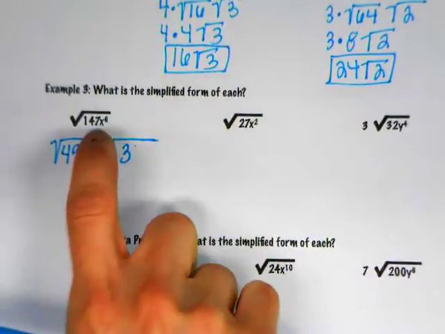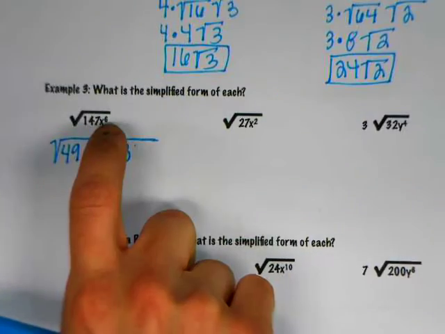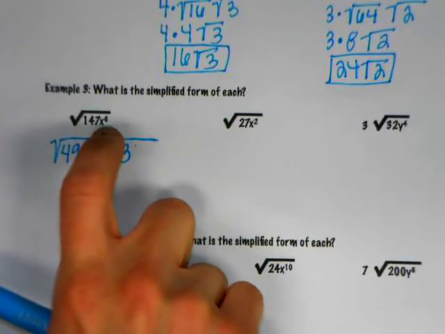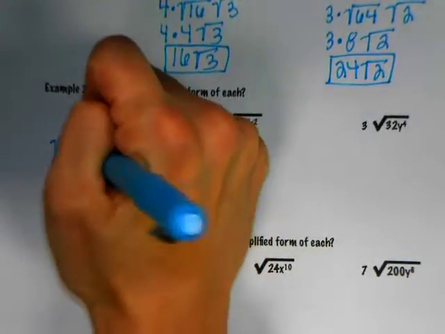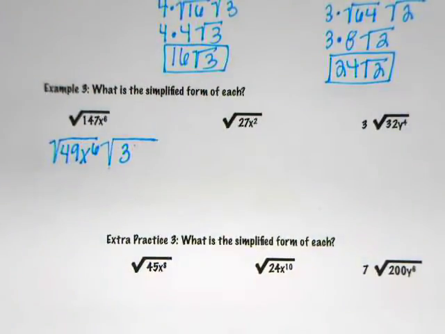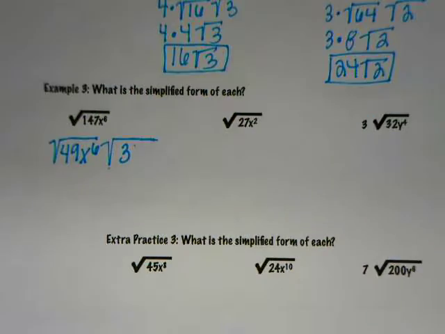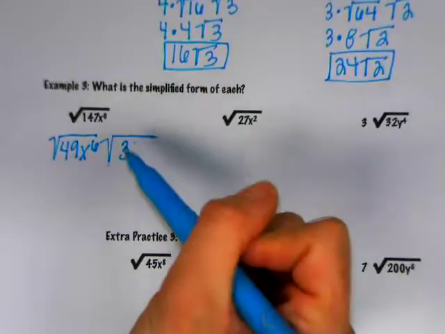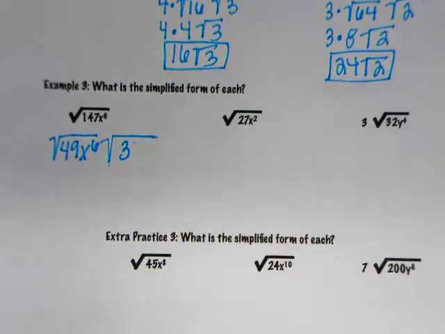Okay, and then you're going to take the variable part, and if it's an even number for the exponent, you're going to put the whole thing in this first one and nothing in the second one. You will only ever have nothing in the second one or just a single variable, like an exponent of 1, never anything more than that, okay?